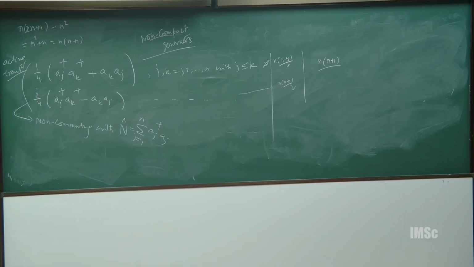So, this is the set of n square compact generators, that is the set of n square plus n number of non-compact generators, okay, right. And therefore, any transformation, and one can also argue that all these n into 2n plus 1 generators are independent. One cannot achieve one from the other, these are independent generators. Okay.